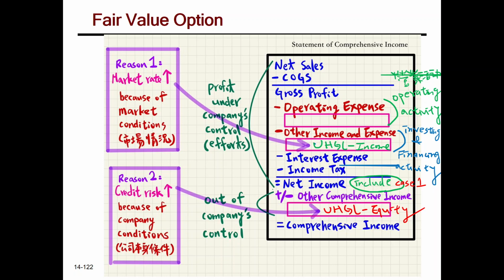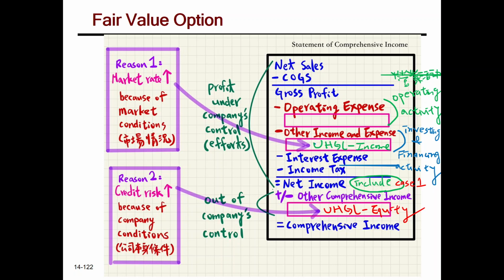Then maybe you will ask, what's the difference between being part of net income and not being part of net income? Is it important? Of course. Why is that? Each year, companies talk about my net income, my EPS. What's the EPS? Earnings per share, 美股英语.